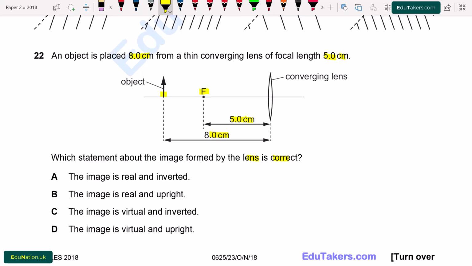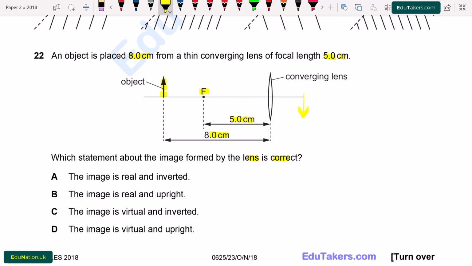So the object is lying outside of the focus point. We have to tell the nature of the image. So the image should be real and inverted. Its image will be on the right hand side like this. The location of the image will be this, and this image is inverted and also real because this can be projected onto the screen. Now we see the options.